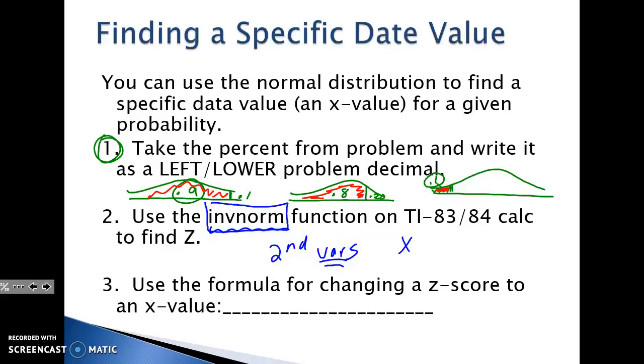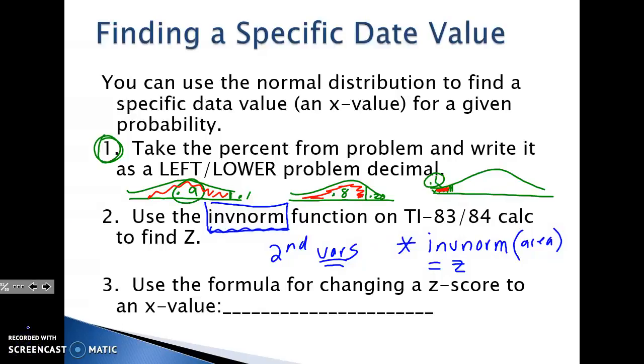And what we're going to plug in there is the area. So depending on what the problem is about, that area is going to be what we plug in. This function gives us z. So when you hit equals, it will give you the z value. So we're working backwards to find the z value that corresponds to a specific area.